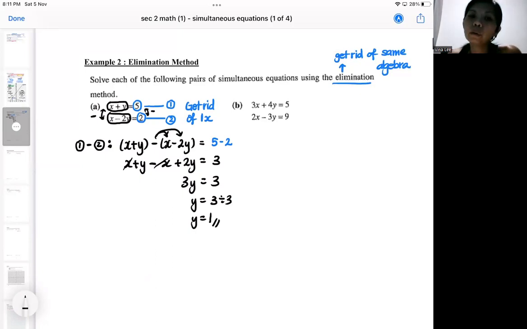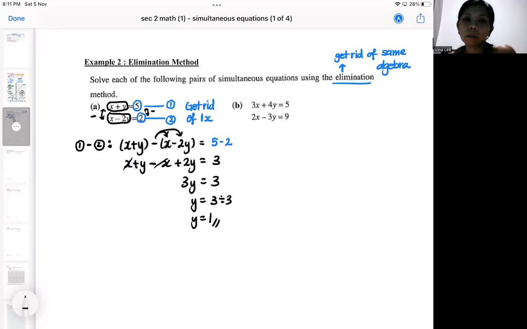So if you do equation 1 subtracting equation 2, you will be able to get the value of y because you get rid of the 1x.